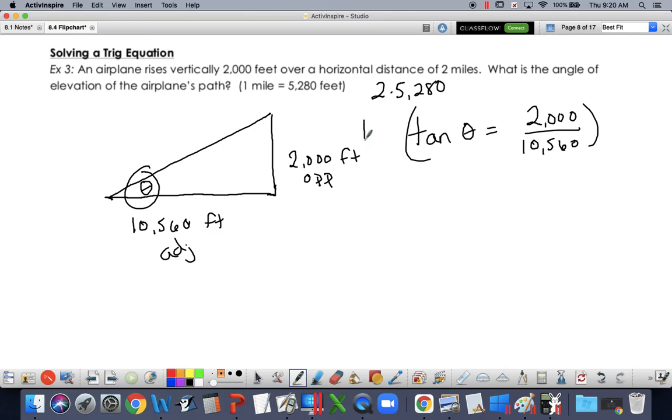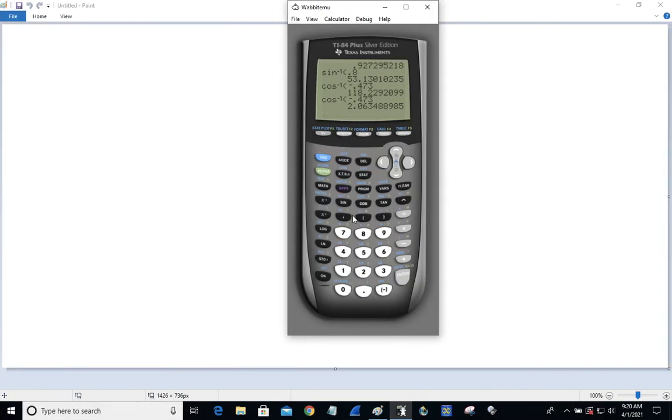At this point, because I know I want to find the angle itself, I'm going to find the inverse calculation of both of this. So those two cancel out here, and I get that theta is equal to the arctan, or inverse tangent, of 2,000 over 10,560. So I'm going to go ahead and put exactly that into the calculator.